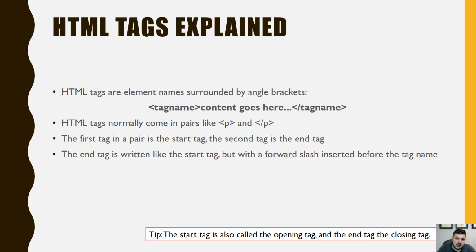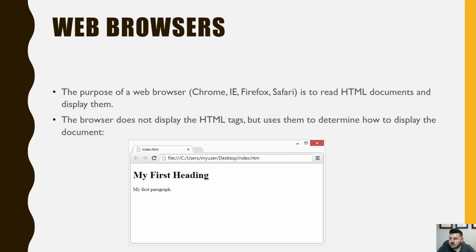So if we're doing a paragraph, it'd be open bracket P, close bracket, the content that we want to be a paragraph, and then we have an open bracket with a slash, then the tag name and the closing bracket. So that last part of the tag closes it out. And so, hopefully everyone is comfortable using those so far from the previous example.